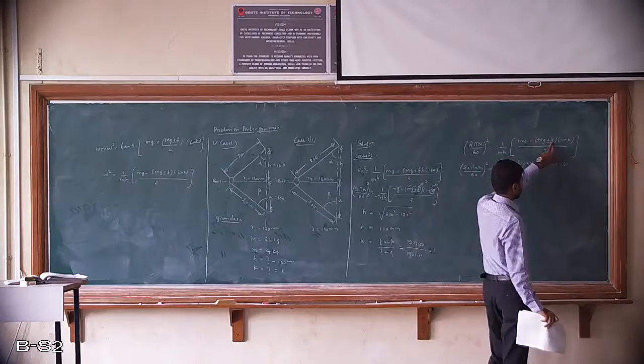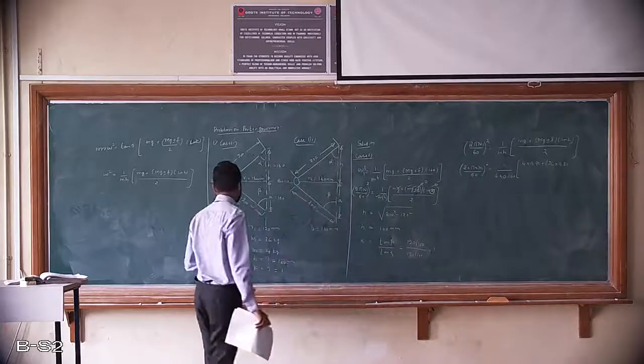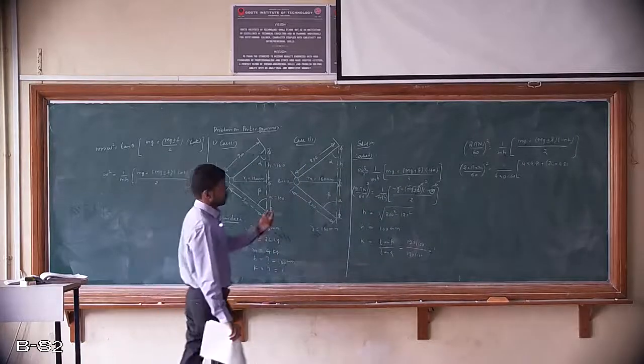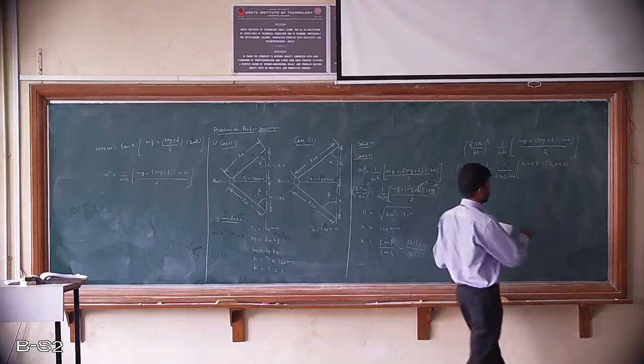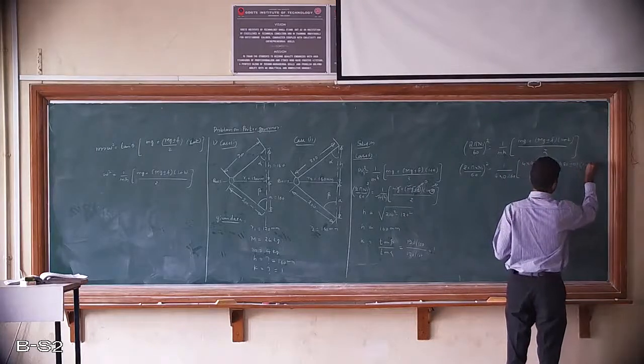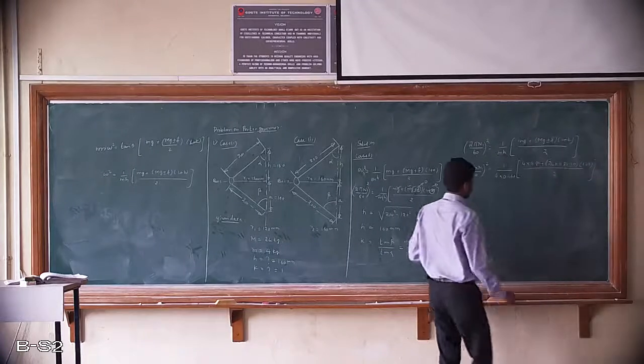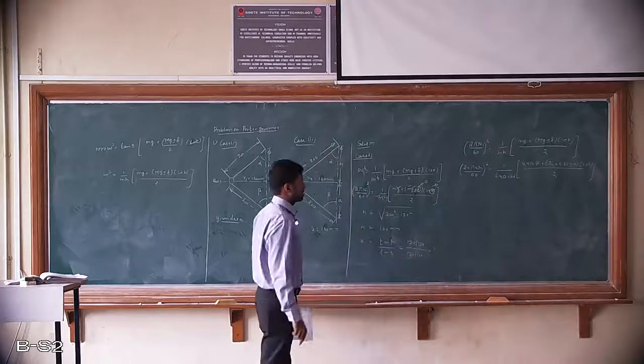F is force of friction. In this case, the force of friction is not at all given in the problem statement, so I will not take the force of friction. So it becomes plus or minus 0 into 1 plus k, value is 1, whole divided by 2. So now you have got all the values into the governing equation.